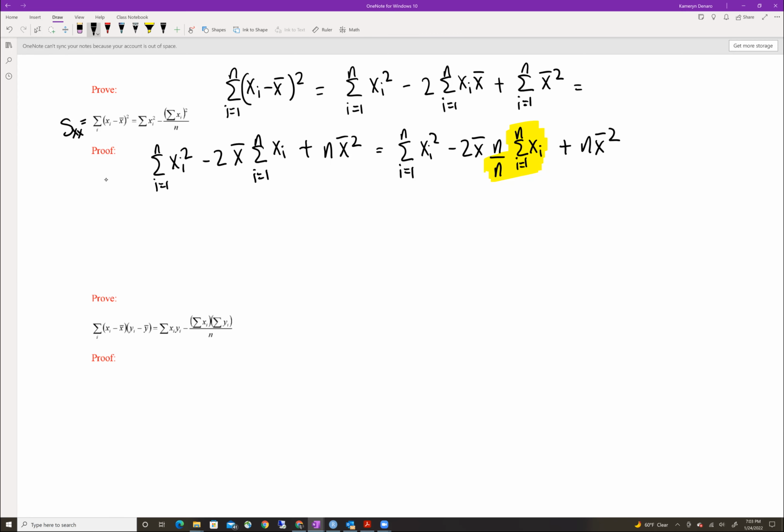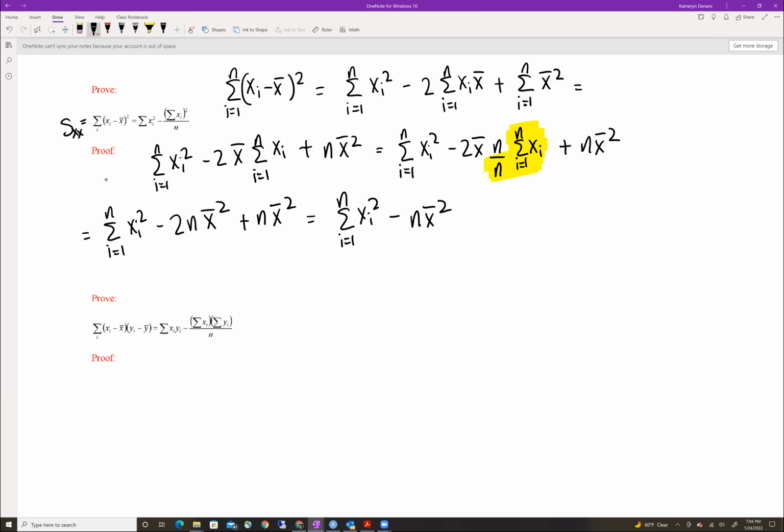So all of this ends up being the summation i equals 1 to n of the xi squared minus 2 n x bar squared, check my math, plus n x bar squared, and that's going to reduce to summation xi squared minus n x bar squared.